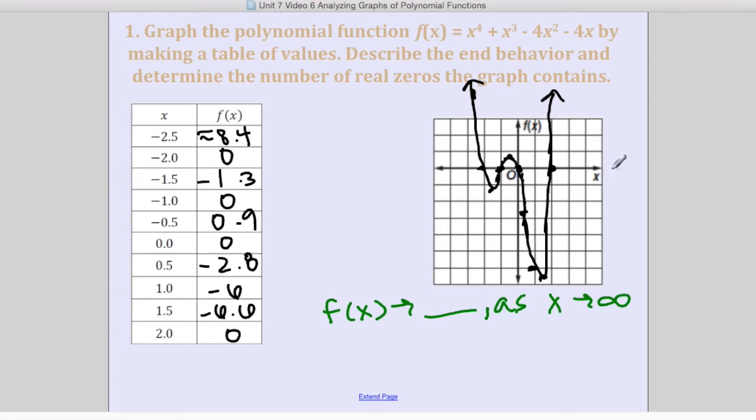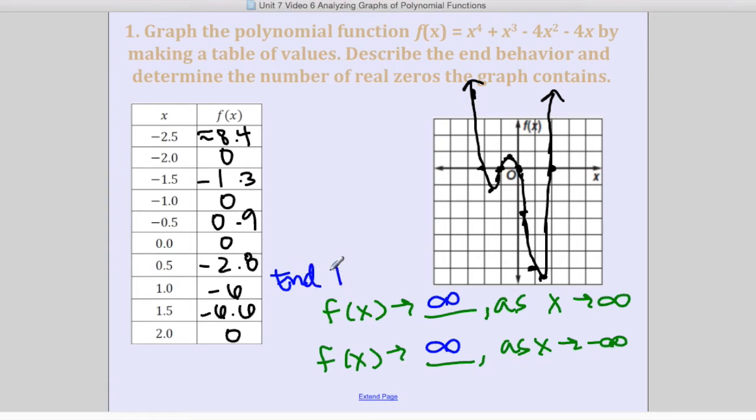Okay, so looking to the right, what's happening to my y values? They are going up, so that one is going to infinity. Now we're going to say f of x, what happens to it as x goes to negative infinity. So looking to the left, what's happening to my y values? They're going all the way up to infinity. Okay, so this here is my end behavior.